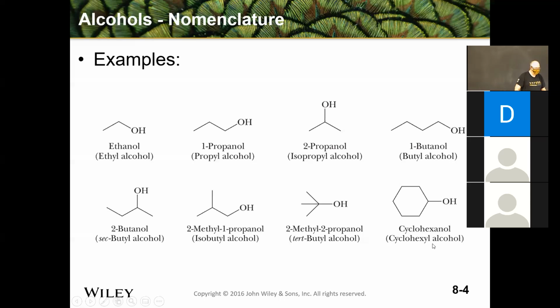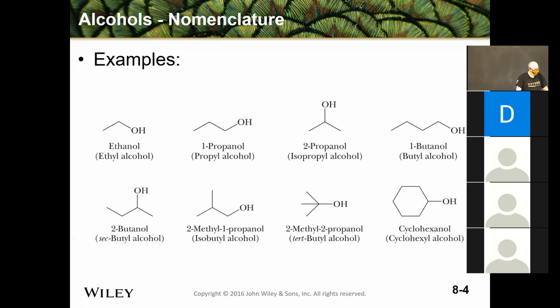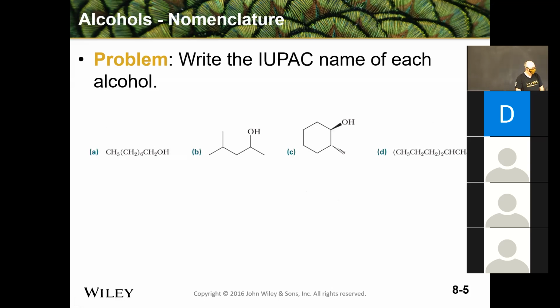Cyclohexanol: on a ring such as cyclohexane, we don't have to specify a location. It's assumed that the alcohol is on number 1. And I think this is as far as we got last time.